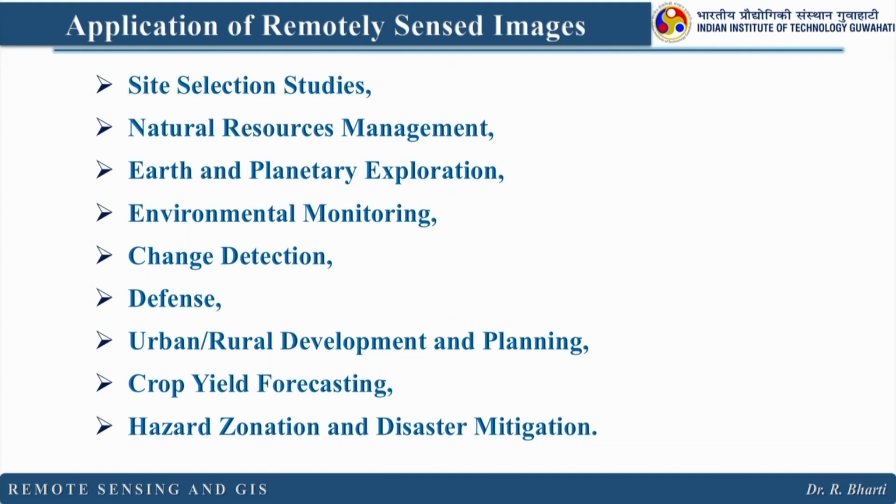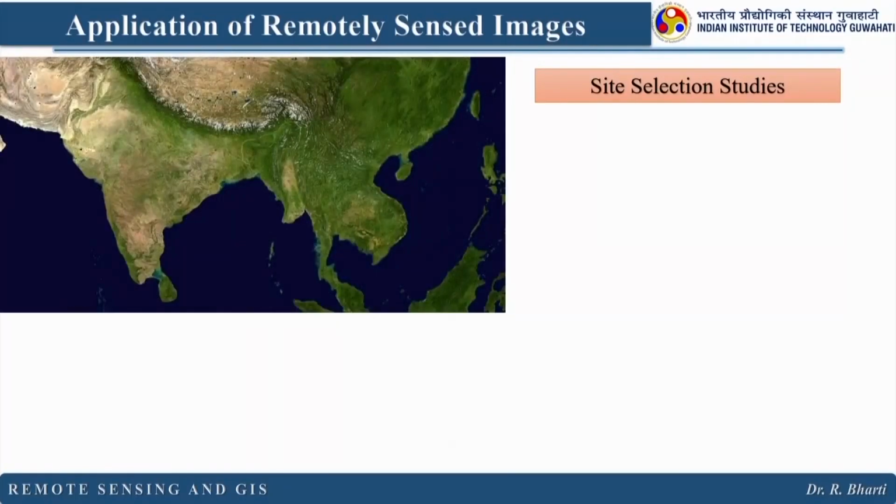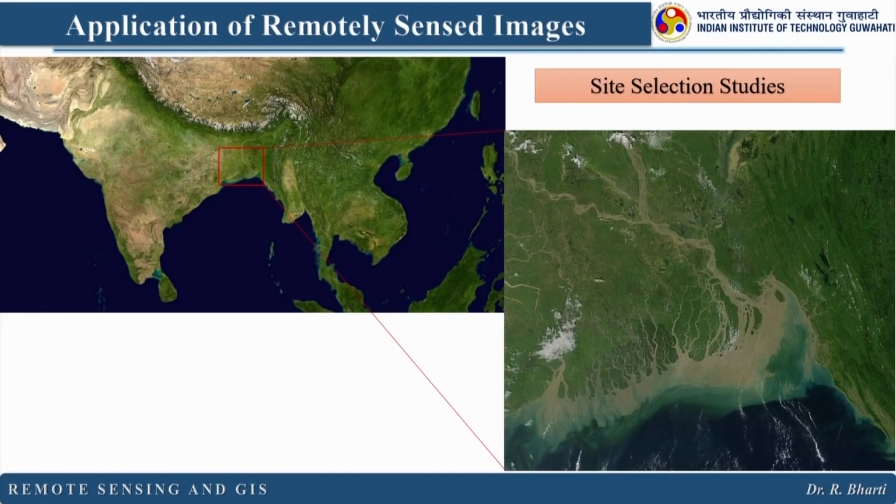These are not the complete list where you can use remote sensing and GIS. So, I will give you some overview, like if you want to do some site selection for your studies. Here you can see this is one example where we are using this remote sensing data to build a new house or to build a new mall. For that you can definitely use remotely sensed data.